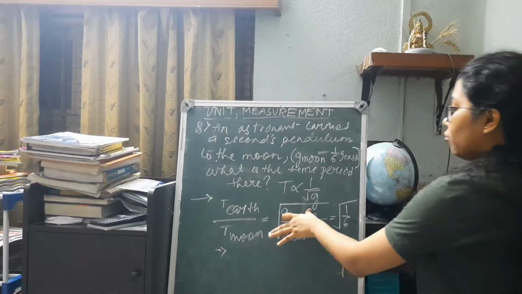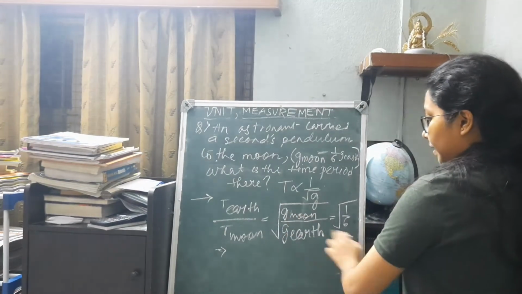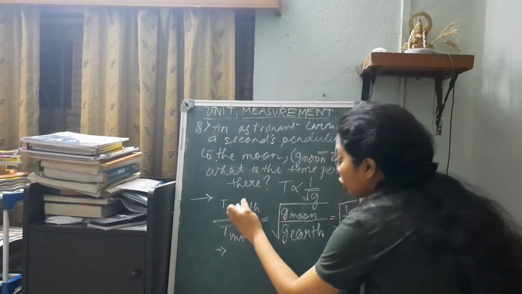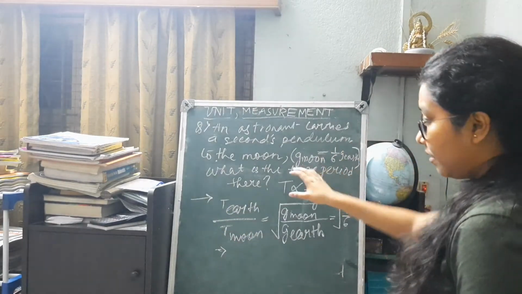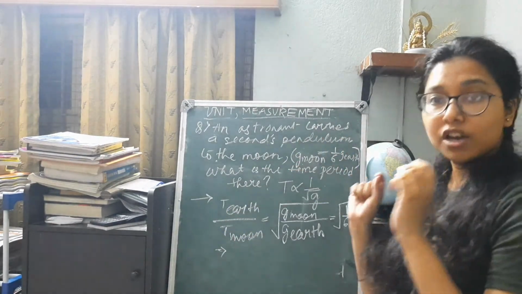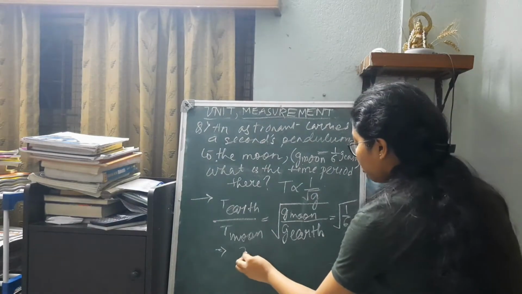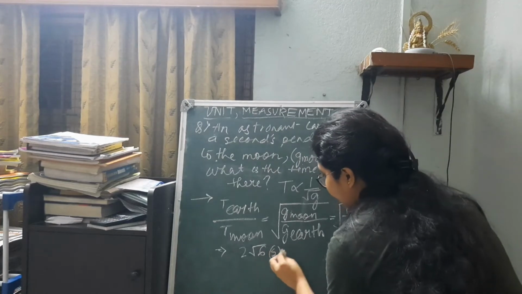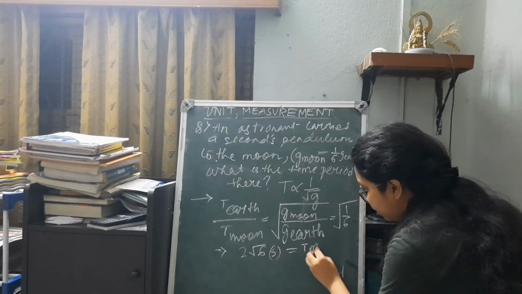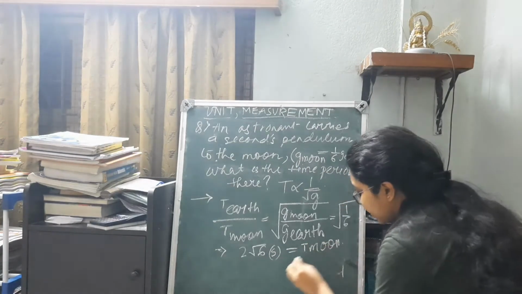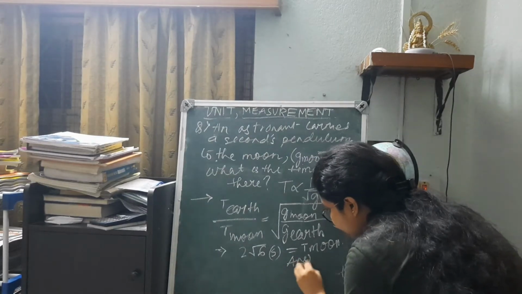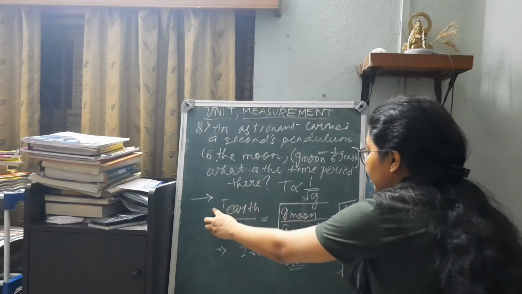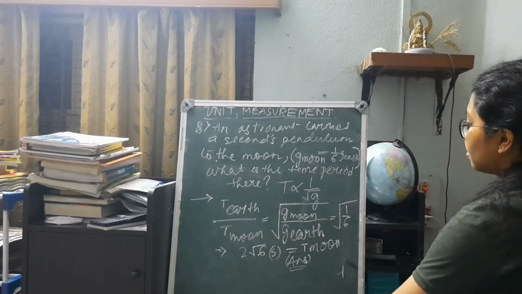The time period of the earth is 2 seconds, as the time period at the earth of the second pendulum is 2 seconds. So 2 into root 6 seconds is the time period at the moon. This is our answer. Just cross multiplying it, this moves there, and that's how it's done.